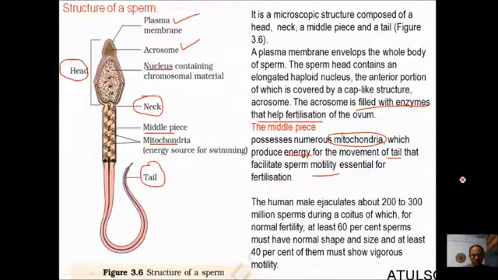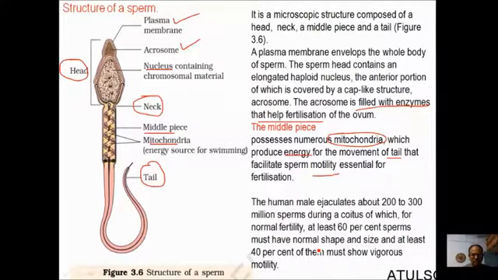The human male ejaculates about 200 to 300 million sperms during a coitus, of which for normal fertility 60% must have normal shape and size. This you will read in the next chapter. Some couples don't have children, so the causes of not bearing a child can be with the sperm also.